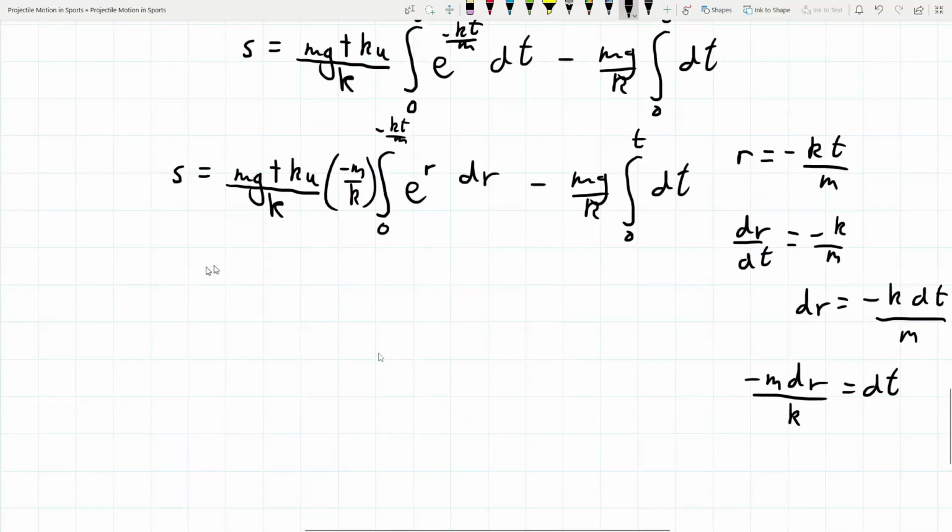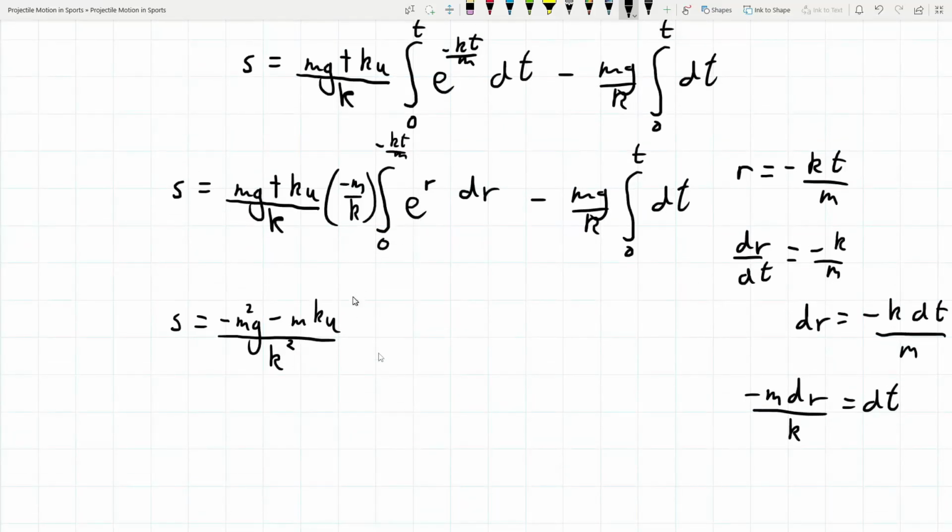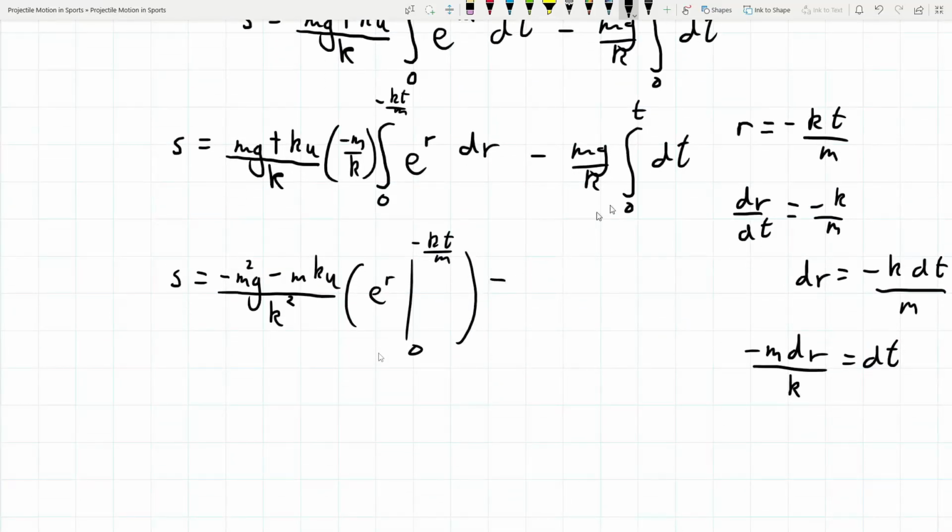So now we can finally do this. So we get s equals, I'm just going to expand this out. So we're going to have minus m squared g, and then it's going to be another minus mku all over k squared, multiplied by the integral of e to the r, which is just going to be e to the r, from minus kt over m to 0, or from 0 to minus kt over m rather, minus, and then the integral of dt is just going to be mg over k, multiplied by the integral of dt, which is t, from t to 0.